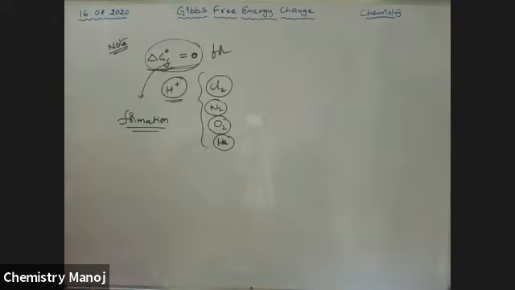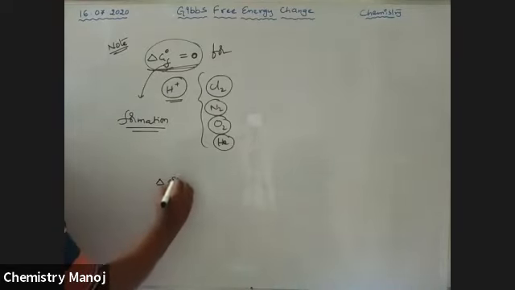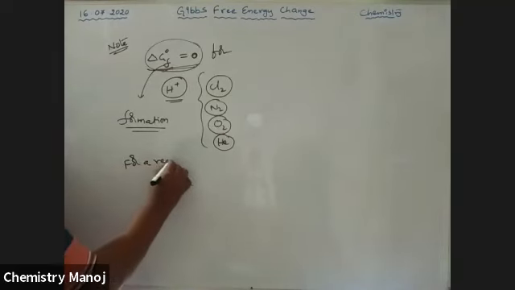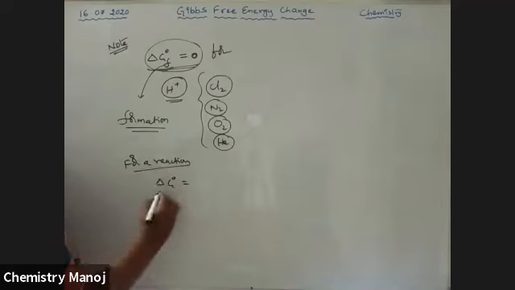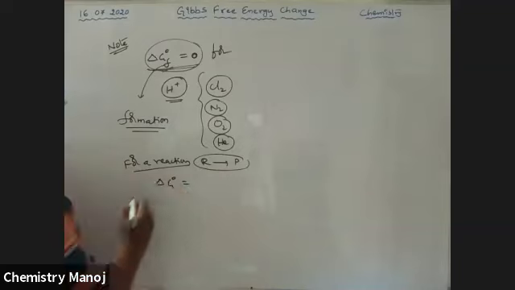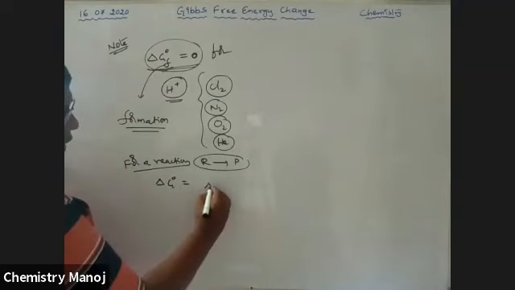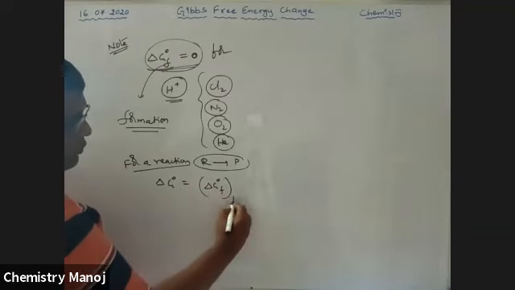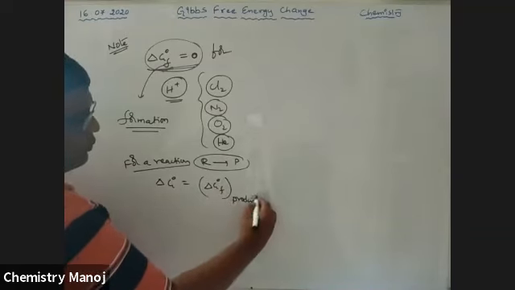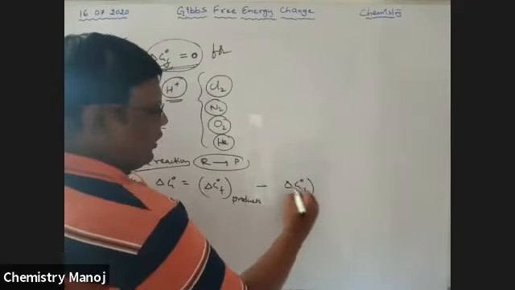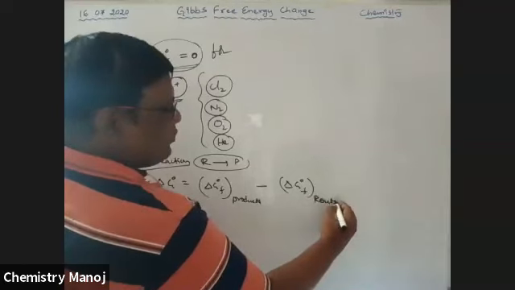Try to remember it. Next, for a reaction, reactants convert into products. For a reaction, delta G naught is equal to delta G naught of formation of products minus delta G naught of formation of reactants.